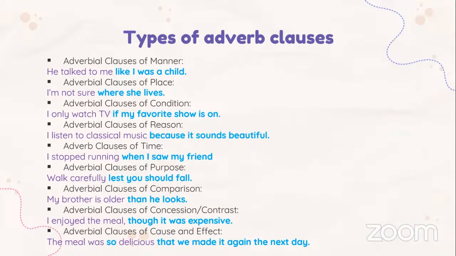Okay, adverb clauses come in many different forms. Each of these forms is characterized by the nature of the information the clause is communicating. For example, you can find the different types.